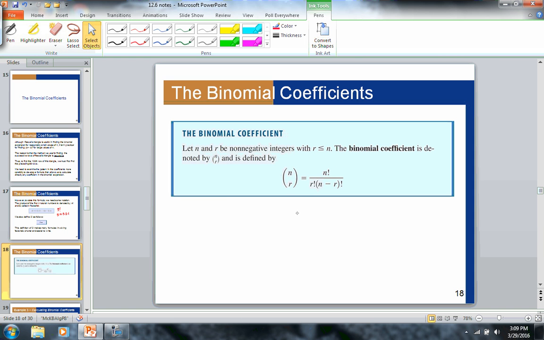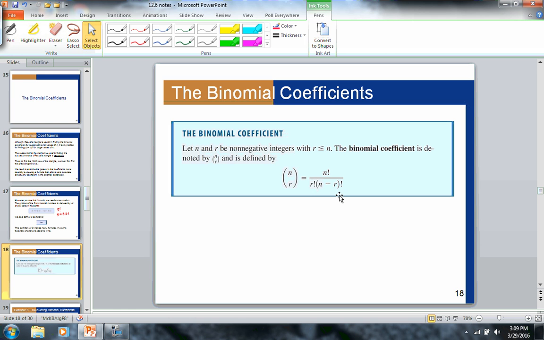But n has to be bigger, so just think that it's on the top. It has to be bigger. And n is going to be this first number on the top, and then r is going to be the number on the bottom. So we'll have n factorial over r factorial times the difference of n and r factorial.